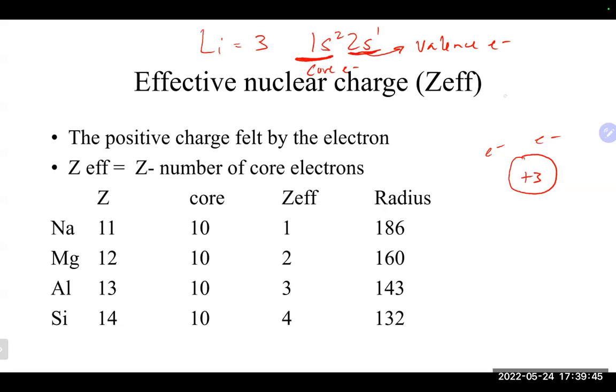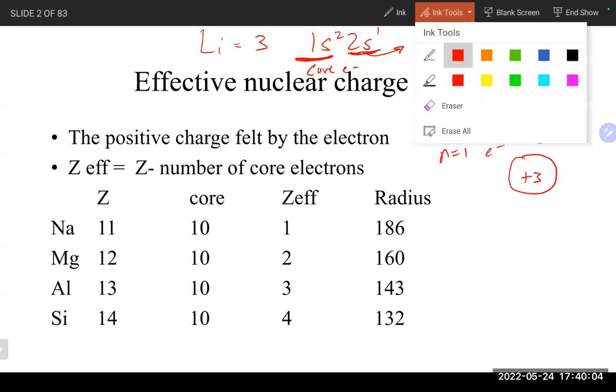So we have one on the n equals 1 energy level, and n equals 2 has the electron out there. So there is a difference between the positive charge that the core electrons feel versus the positive charge that the valence electrons feel. And that really is what Z effective is.